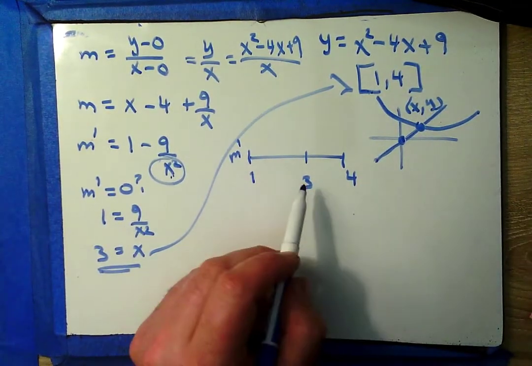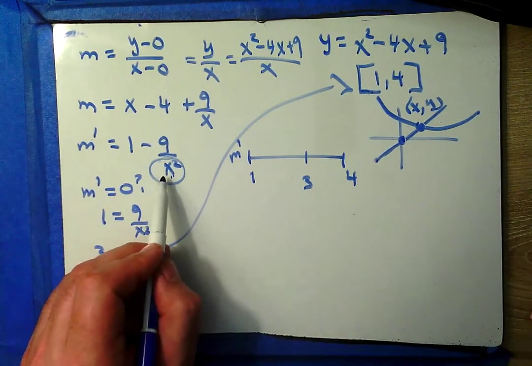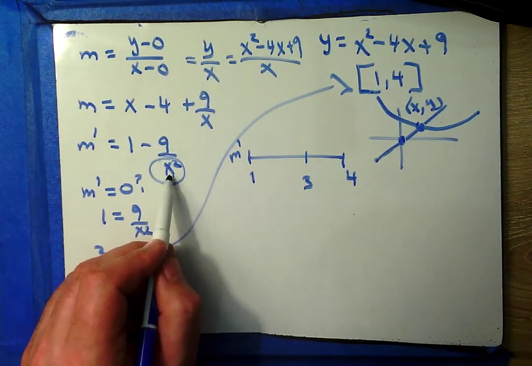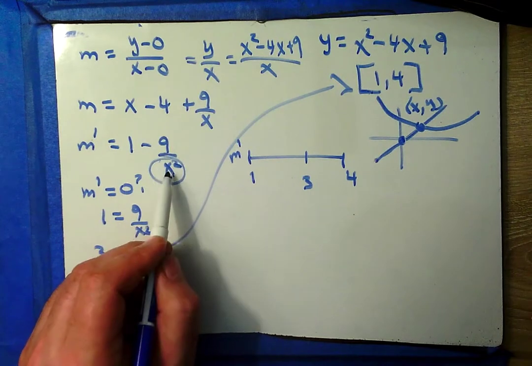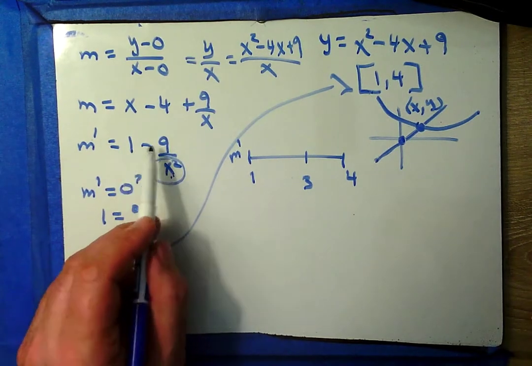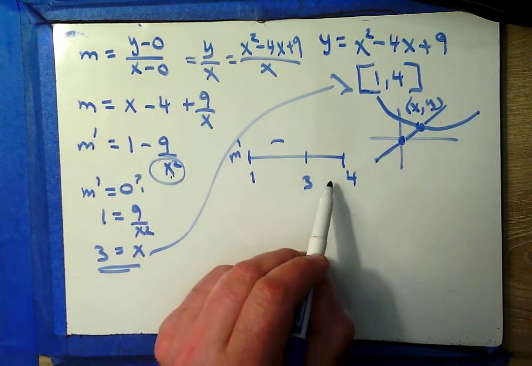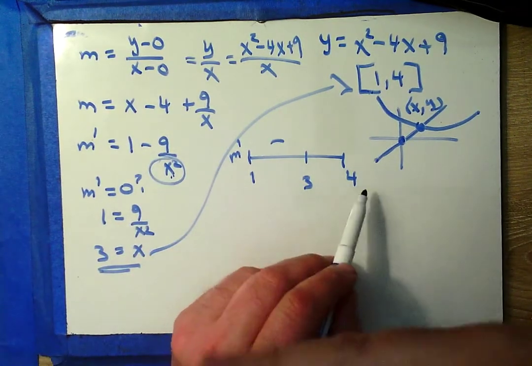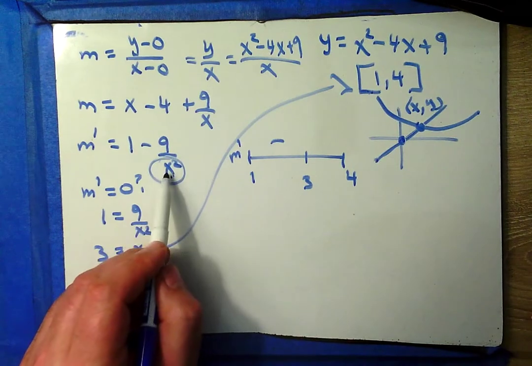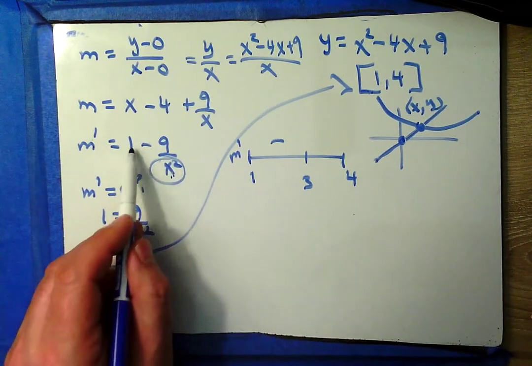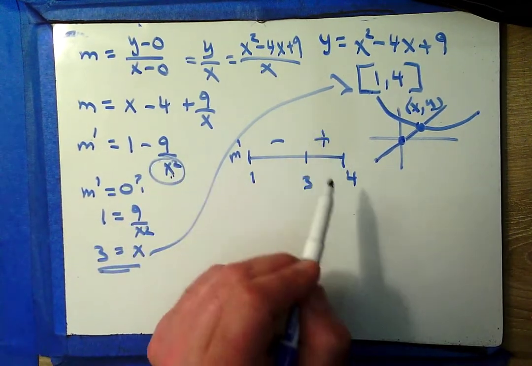So let's plug some values in, like 2. That would be 2 squared or 4. 9 divided by 4 is 2 1/4, which is going to be negative. And if I plug in something bigger, like 4, I'm going to have 9 over 16, which is less than 1. 1 minus less than 1 is a positive number.